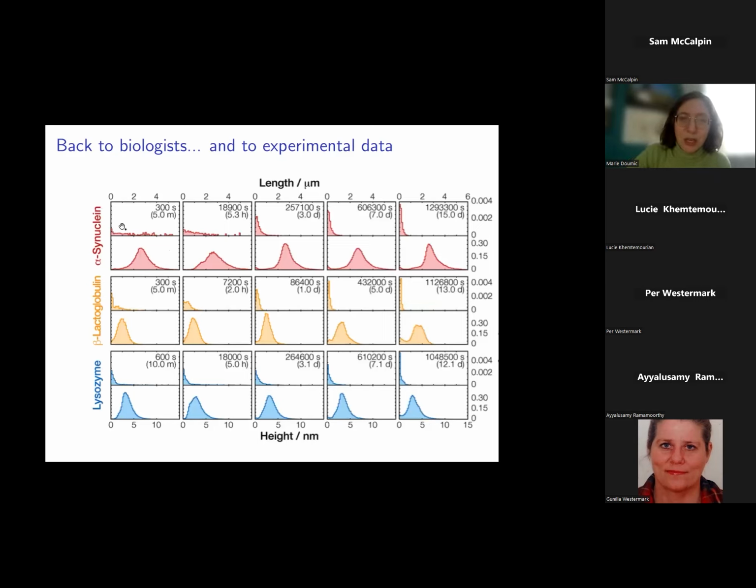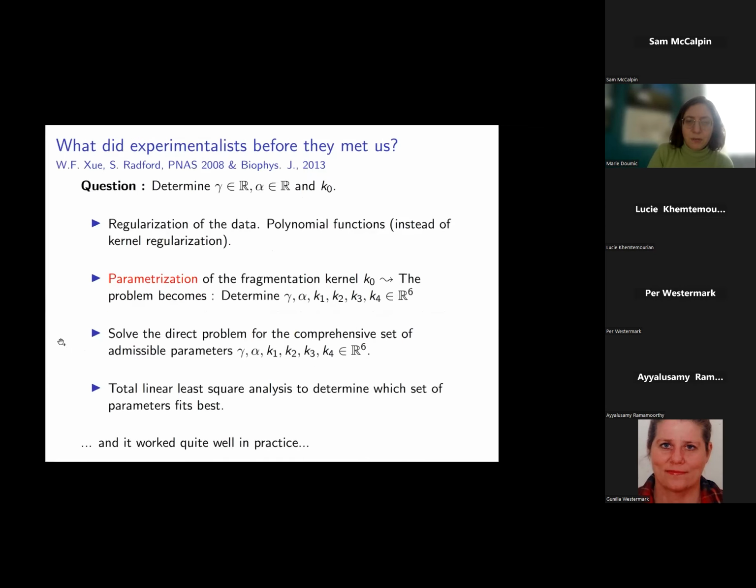So you see here at the top, you have 3 different proteins, and you have from left to right, the size distribution. On the bottom, it is simply a rescaling, okay, of the top. And you see that if you rescale properly, you see this kind of steady distribution which appears. Okay, so these are the data.